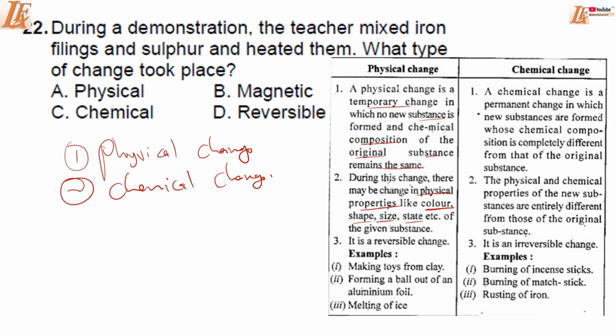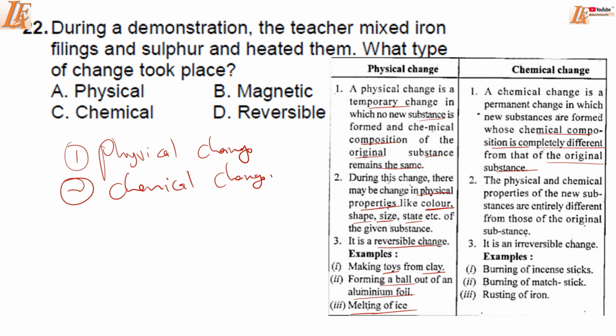Another property of a physical change is that the process is reversible. Good examples are making toys from clay, forming balls from aluminium foil, and even melting ice to form liquid water. Now, a chemical change is a permanent change in which new substances are formed whose chemical composition is completely different from the original substance.